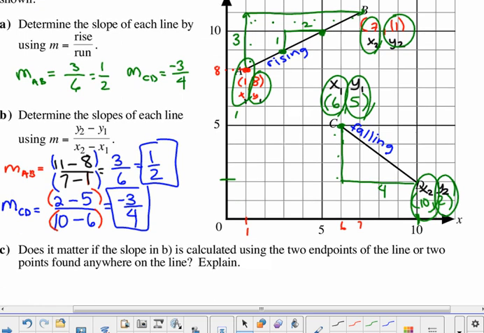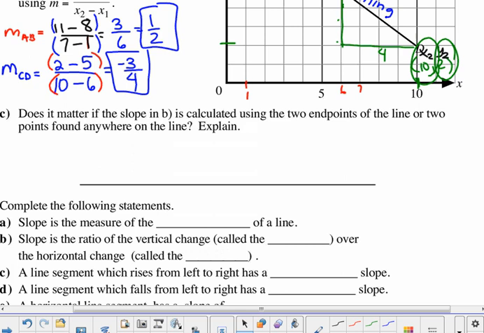So it does not matter. Let's write that out. It does not matter since the slope of the line is a constant ratio.